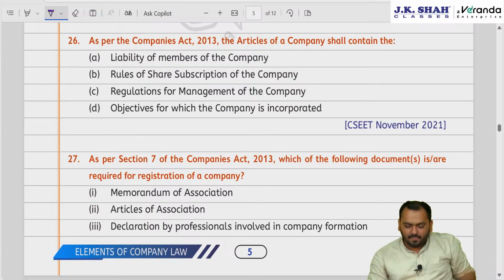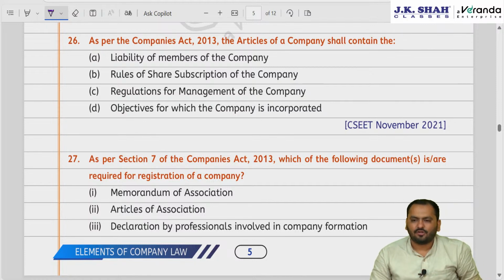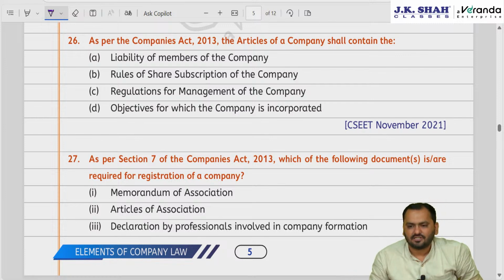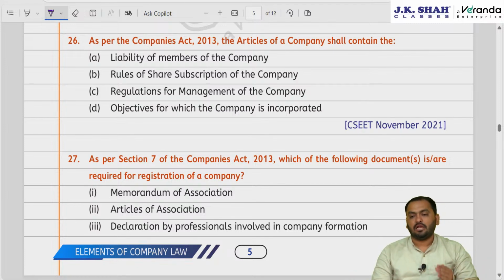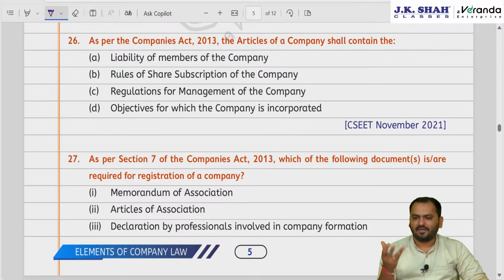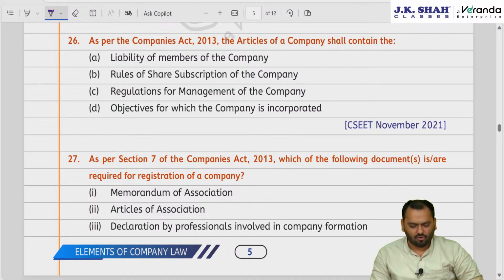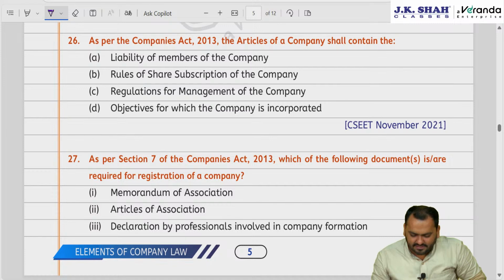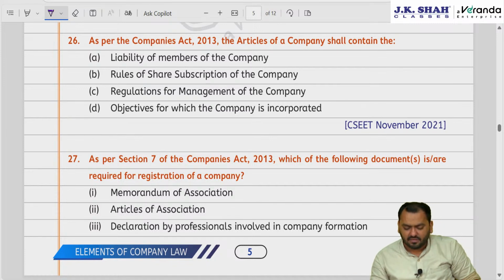Let's go. Next question. As per Companies Act 2013, the articles of company shall contain dash. Come on, articles of company, AOA, that is rules and regulations of internal management of company, we all know. So what does it cover? Does it cover the liability of members of company?